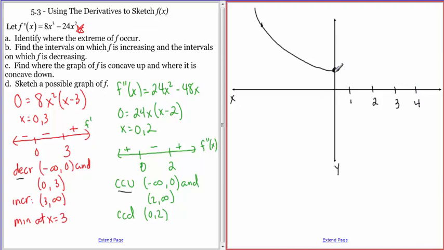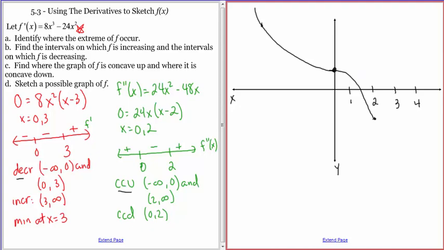Okay, now at 0 I'm still decreasing, but I change concavity from 0 to 2. So I'm still decreasing, but my concavity changes to concave down. And I'm going to try and make this as smooth as possible.